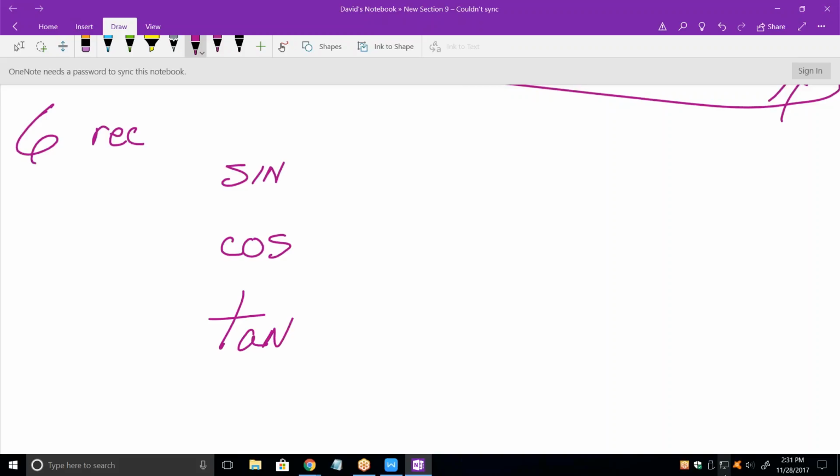Which one of these are you sure of the reciprocal? What's the reciprocal of tangent? Cotangent. Okay. In tangent's case, the reciprocal is the same as the cofunction, but only tangent.